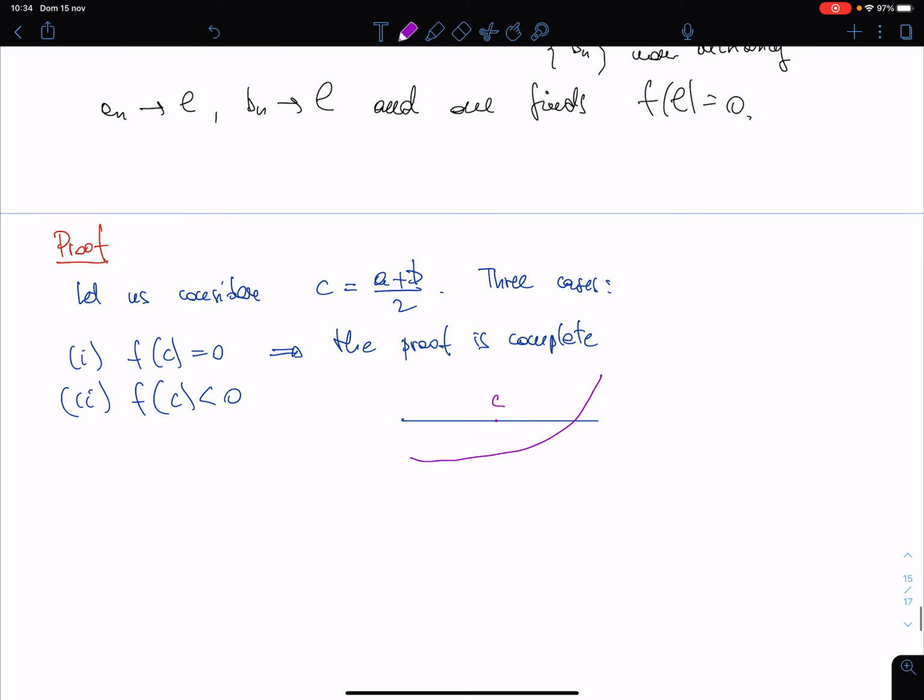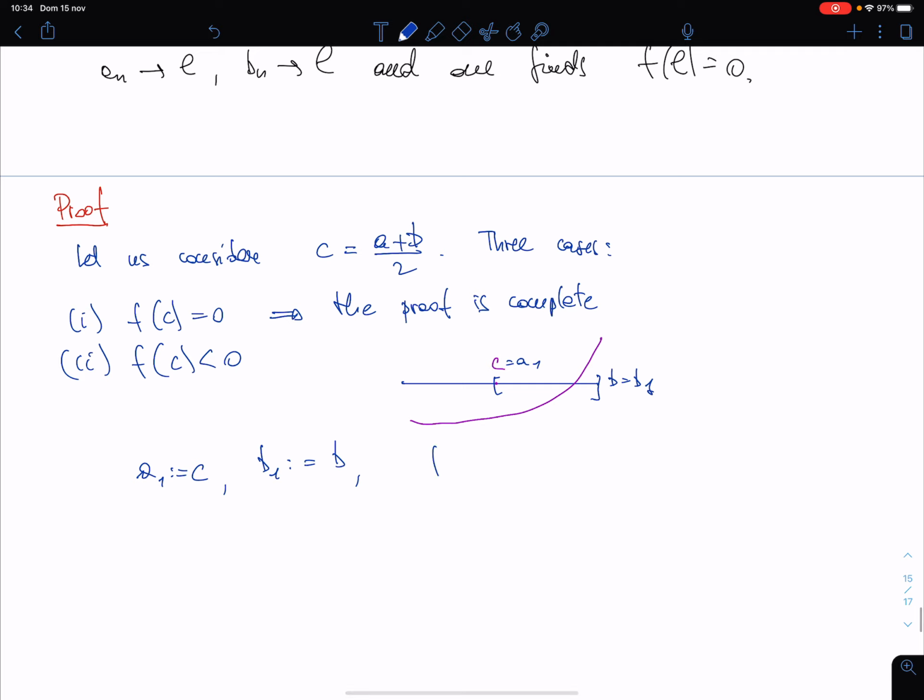And so now we change names, we give new names, and we say that a1 is equal to c, b1 is equal to b, so c is now a1, b is b1, so we focus on the interval a1, b1, and we have that f of a1 is less than 0, f of b1 is larger than 0.